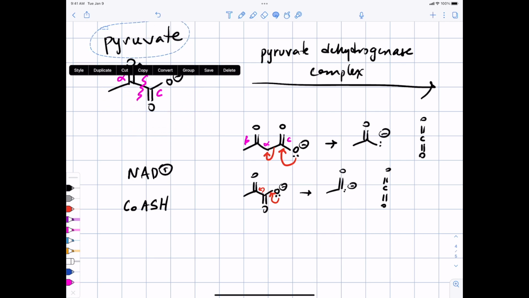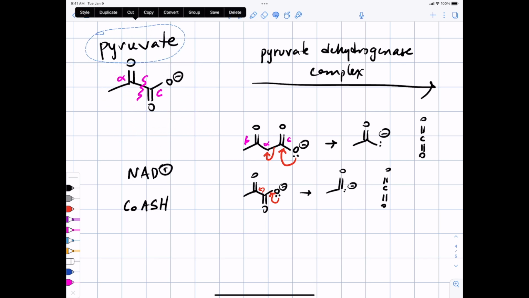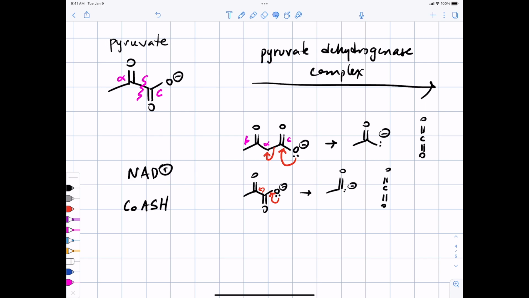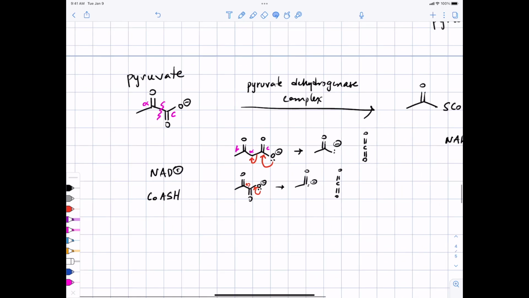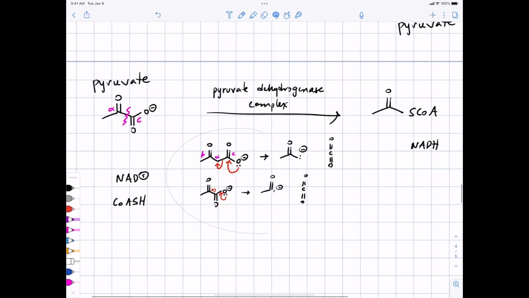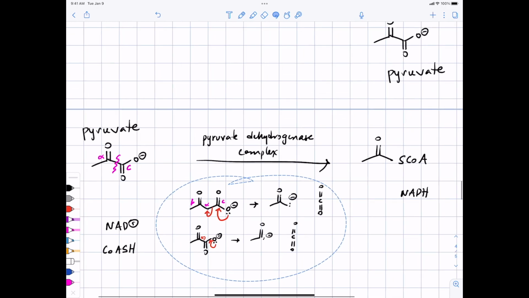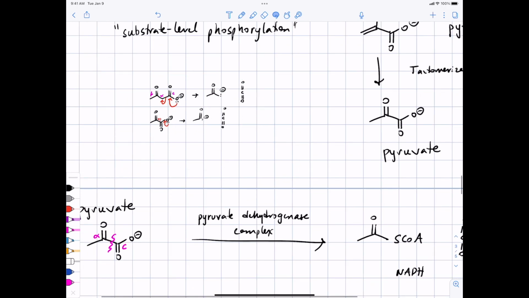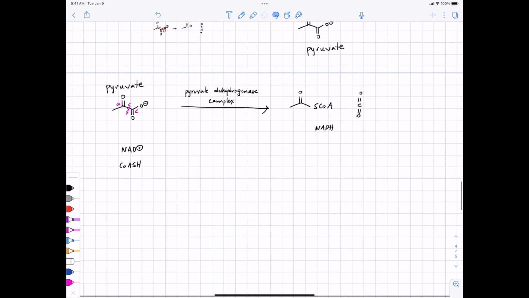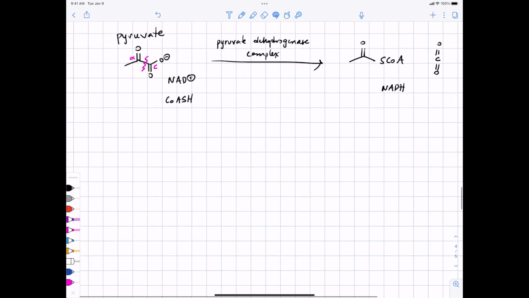Okay? But I want you to pay attention to that structural pattern of an alpha keto acid, because what we do here is going to be similar to what we do later in the citric acid cycle for a similar set of molecules. All right, so what happens here happens in 2 or 3 steps, and we'll talk about them.